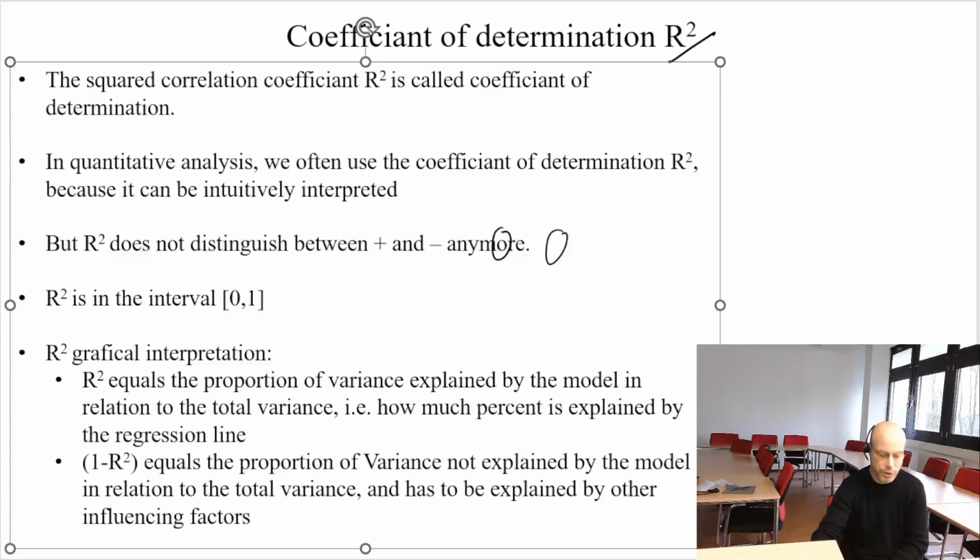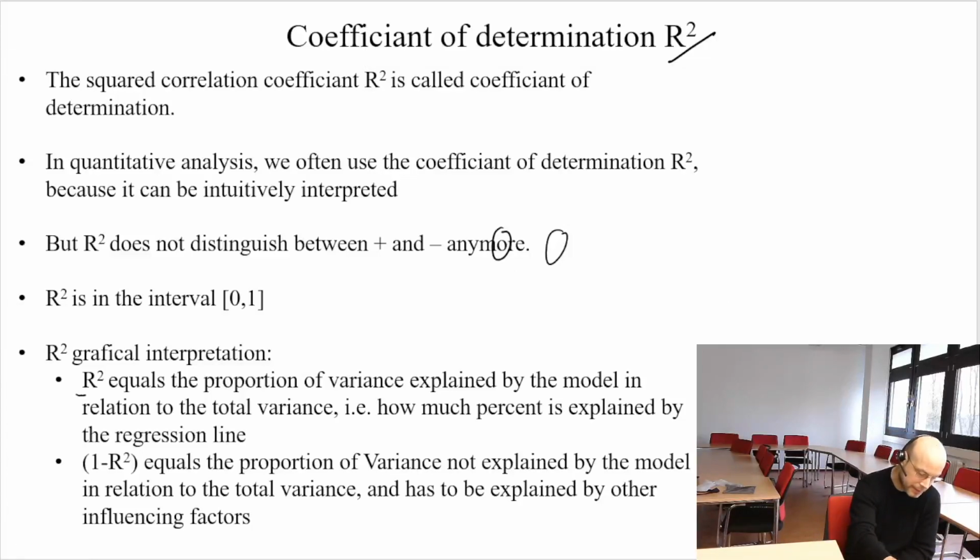And what we can show is that this number r squared more or less explains how good our regression is, and this number explains how much we can explain with our fit with the linear regression line compared to the total variance.